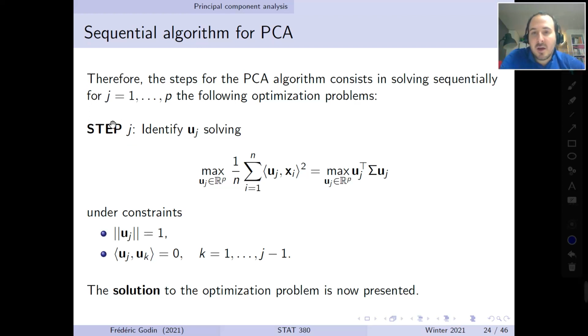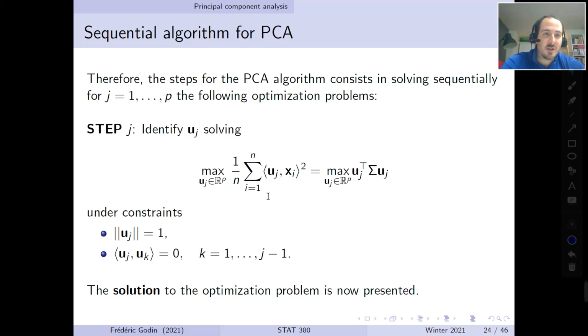At the jth step, the vector we're going to find, which will serve as our axis, solves the following problem: maximize across all possible vectors in R^p the sample average of squared projection length of data points on that vector.